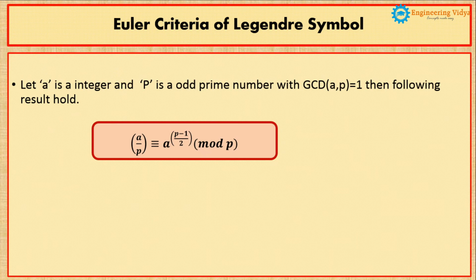But this is my suggestion for you: if you want to calculate the Legendre symbol, instead of checking for the quadratic residue, it's better to use the formula Legendre symbol a and p is congruent to a power of (p minus 1) divided by 2, mod p, right? With the help of that formula you can calculate Legendre symbol values, and the result will be either +1, -1 or 0, right?